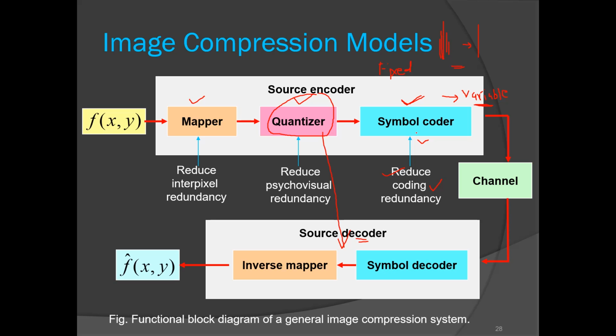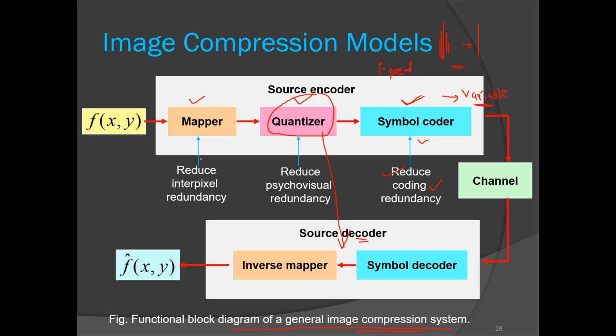For the symbol coder, we have the symbol decoder. As we have seen, quantization results in irreversible information loss, so we don't have an inverse quantizer block in the decoding stage, and for the mapper we have the corresponding inverse mapper. So this is the functional block diagram of a general image compression system.